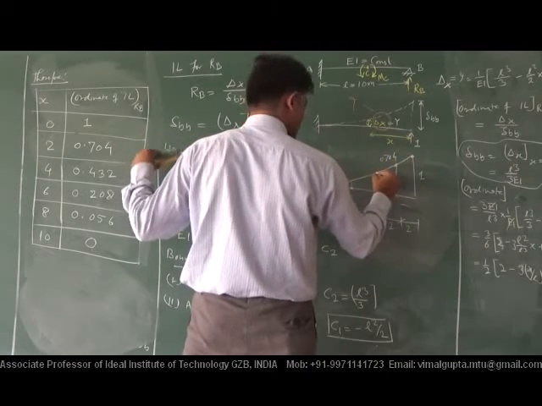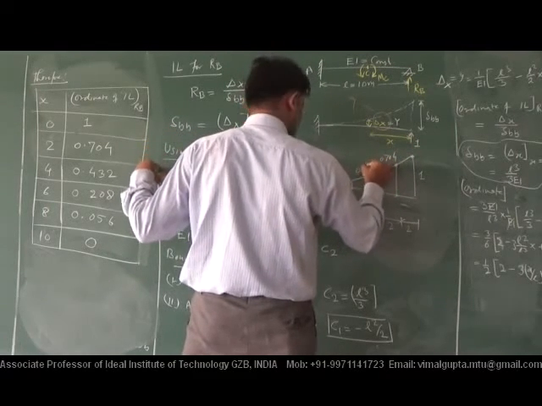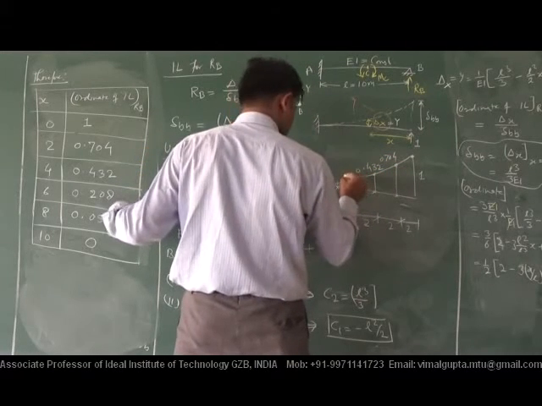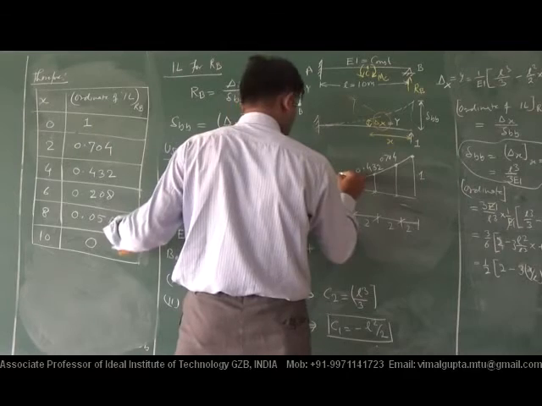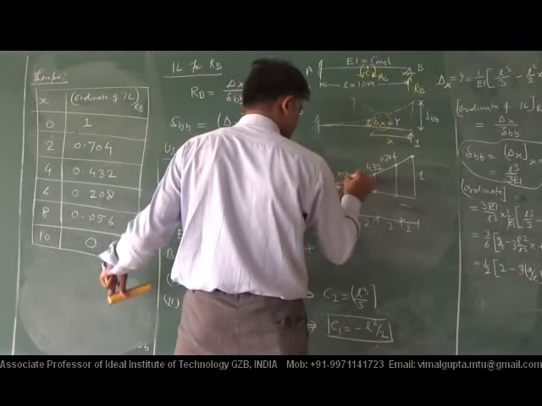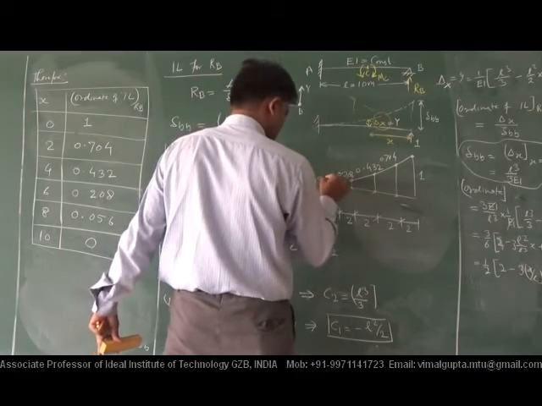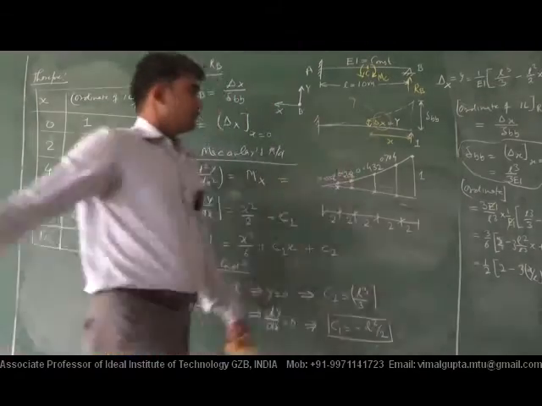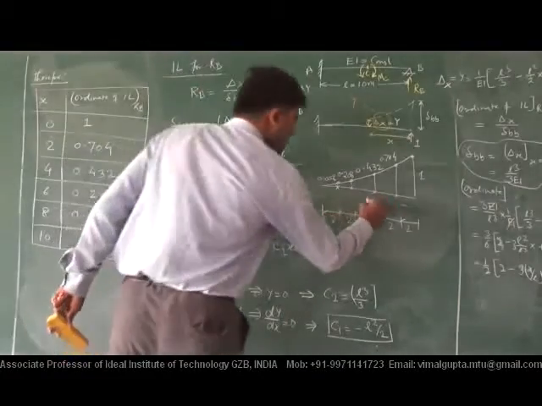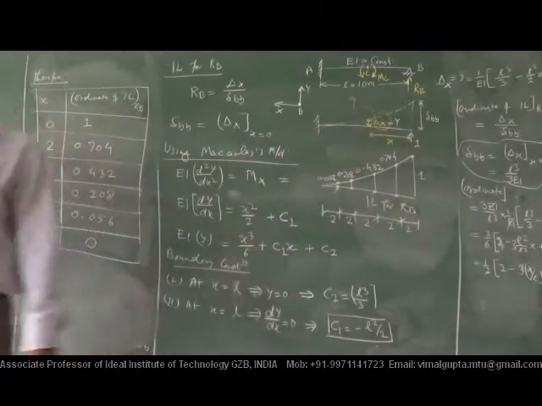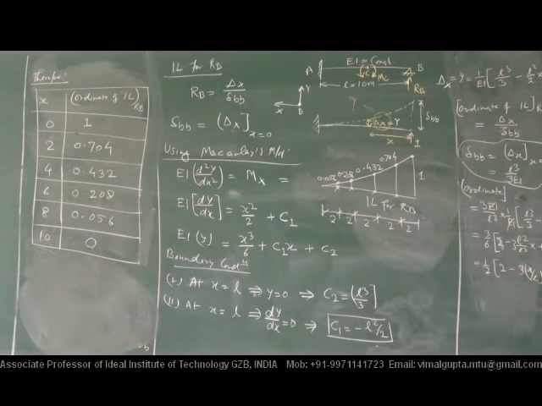This is 0.432. This is 0.208. This is the IL for RB. Clear? Clear to everybody?